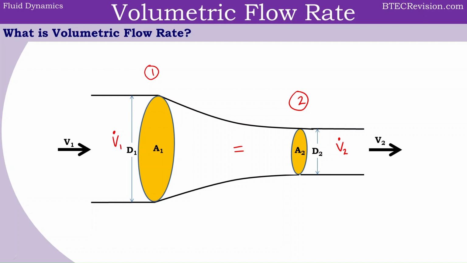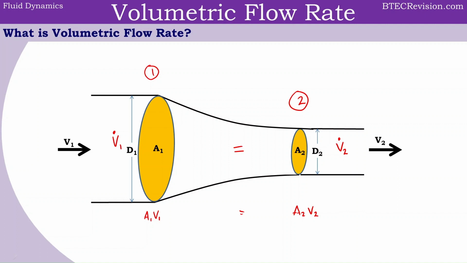V dot 1 must be equal to V dot 2. Now, looking at position 1, you can also say that the area 1 times the velocity 1 is equal to area 2 times the velocity of position 2, the water at position 2.